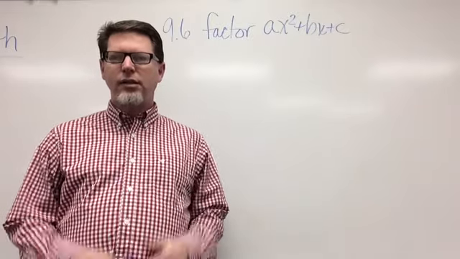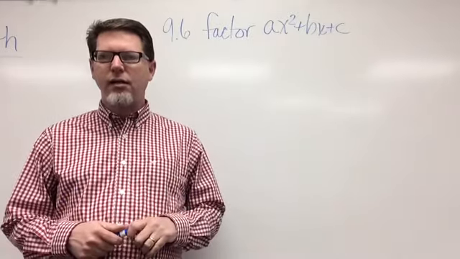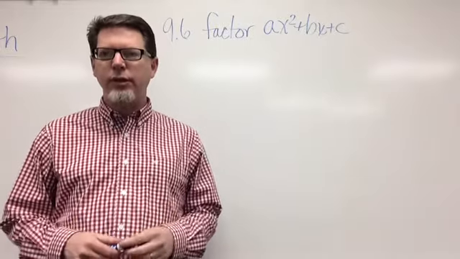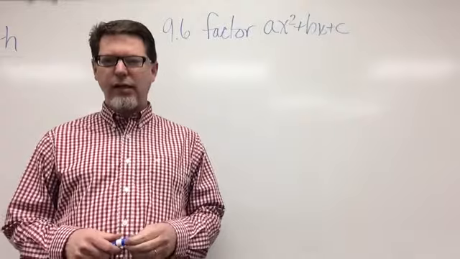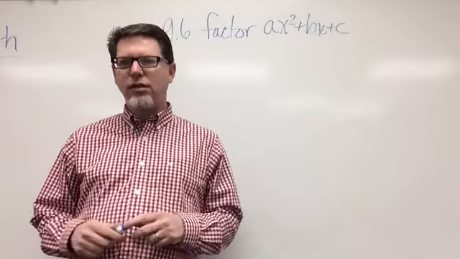Hello students. Today we're going to look at factoring polynomials or trinomials in the form of ax squared plus bx plus c. There are three things that you need to know.